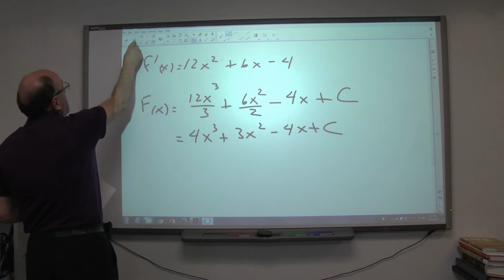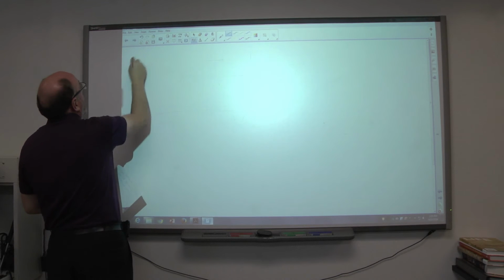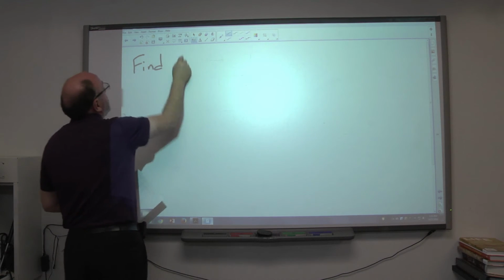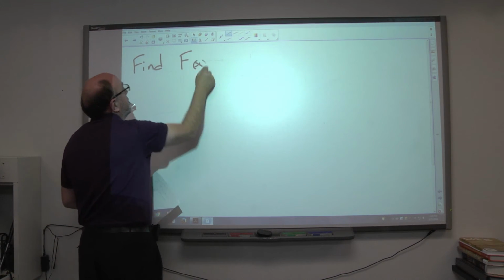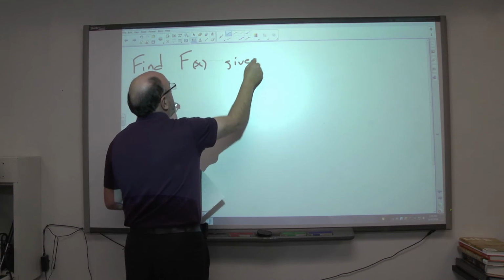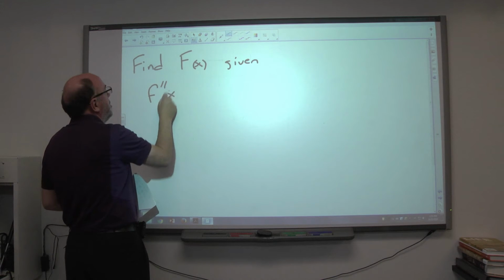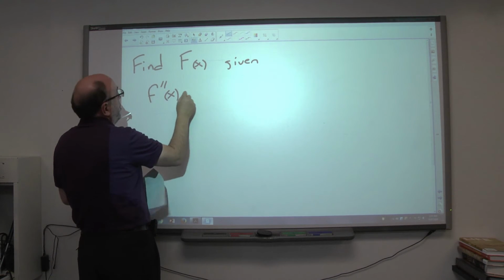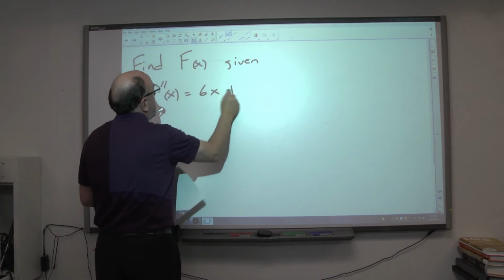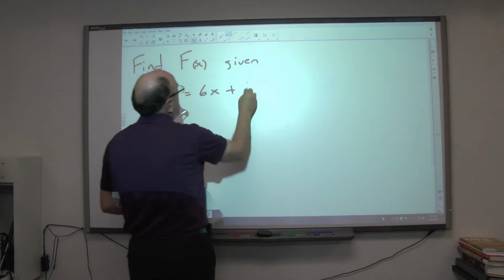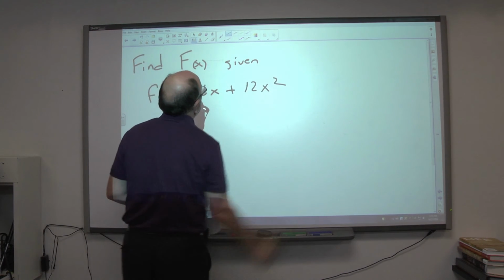Let's do another one. So find again the original f of x given. So now we're going to start with the second derivative being 6x plus 12x squared.